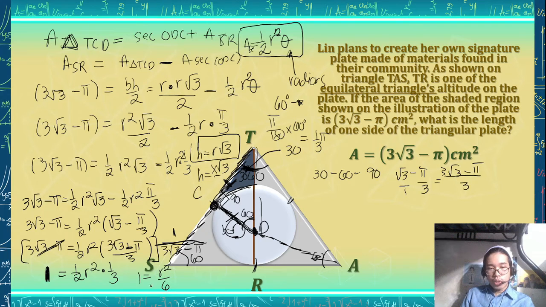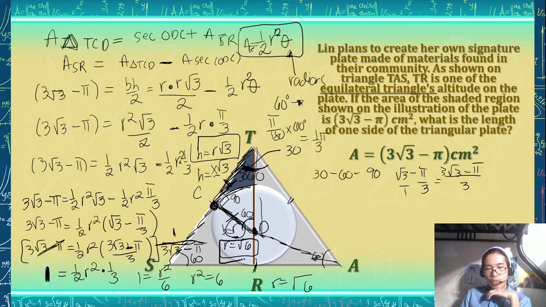If we cross multiply this, the value of r squared is just equal to 6, and therefore r, the radius of the circle, is just going to be equal to the square root of 6. So that should be the value of our radius. Therefore the radius is equal to square root of 6.